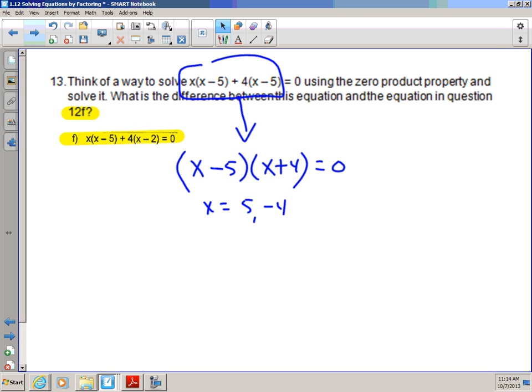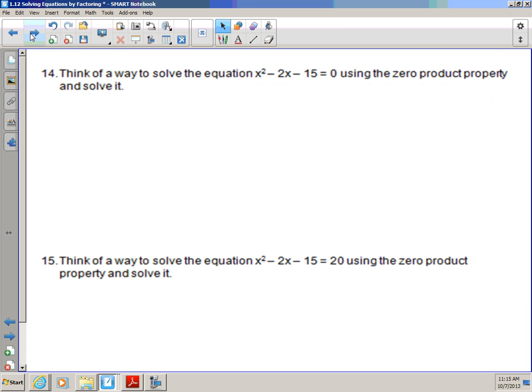Now, last two examples. How could I solve x squared minus 2x minus 15 using the zero product property? Remember, what we're trying to do is to get two statements or expressions multiplied by each other. Well, you should recognize that x squared minus 2x minus 15 is a trinomial that can be factored using the I am method, which is one of the reasons factoring is so important in this course.